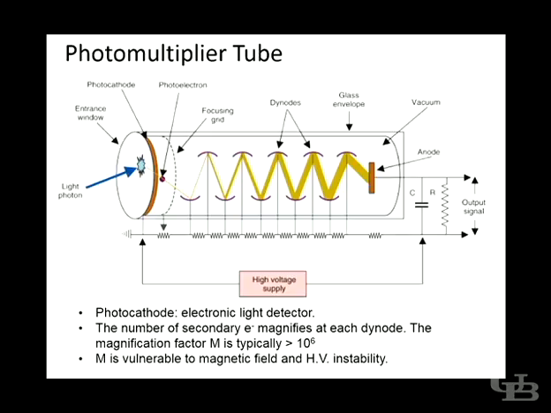So scintillator detector has two components. The first component, scintillator, is converting the energy of incoming photon to visible light. The second component converts the visible light to large electric signal.